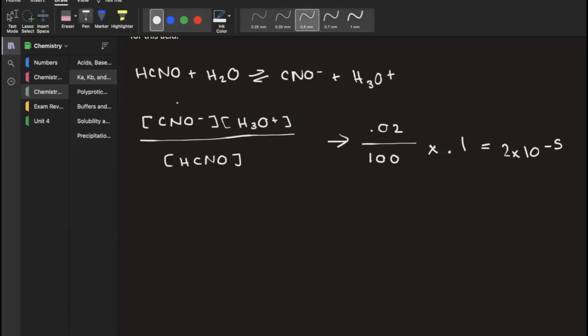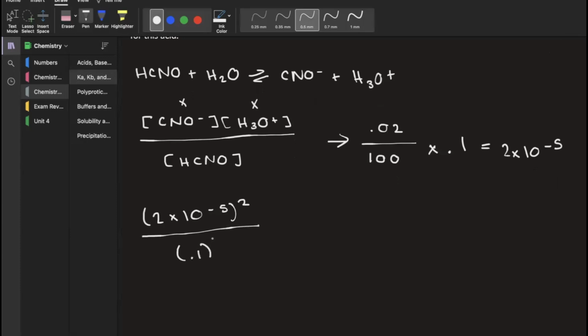So we're going to rewrite that expression now. We have x times x, so we write it as 2 times 10 to the negative fifth squared divided by our initial 0.1.